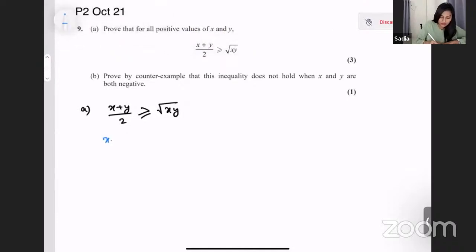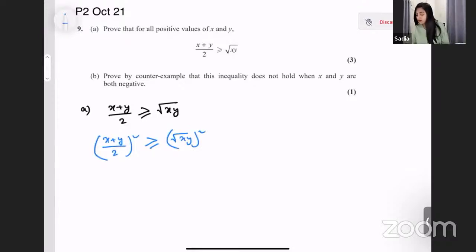So at the left side, you will get ((x plus y) divided by 2) whole squared, and root xy whole squared. So we have (x plus y) whole squared divided by 2 squared, which is 4. And at the right side, the root will be cancelled out. You are left with xy only.